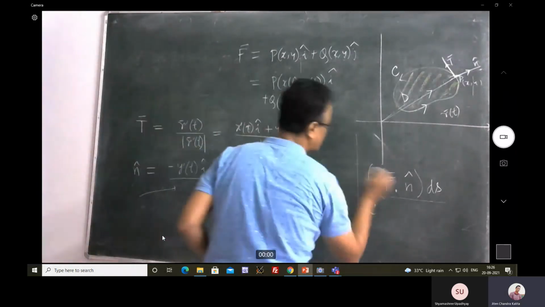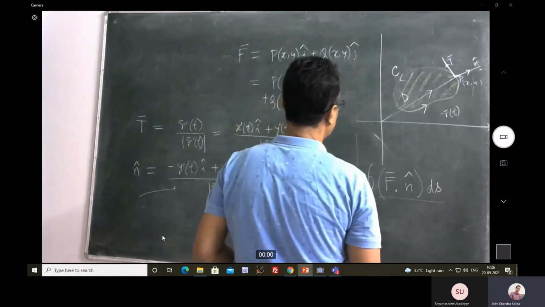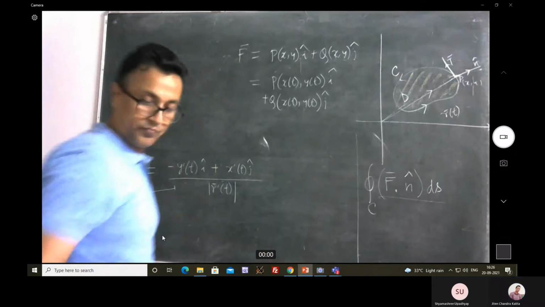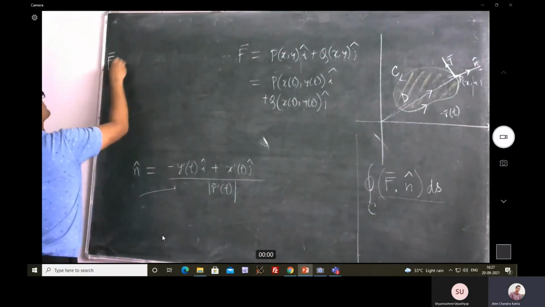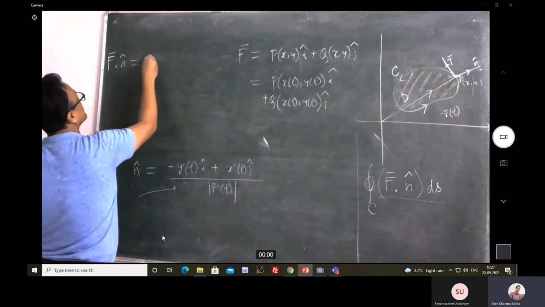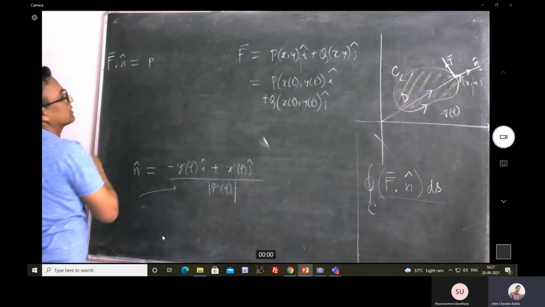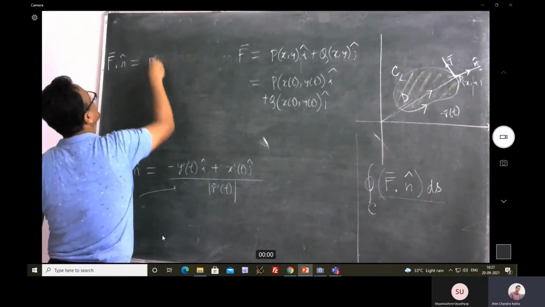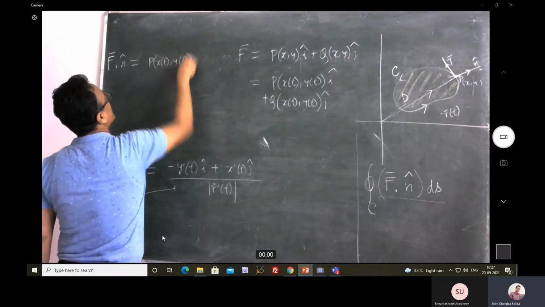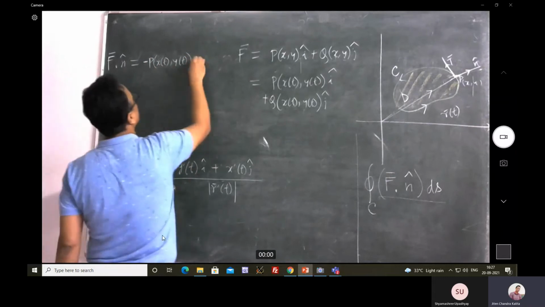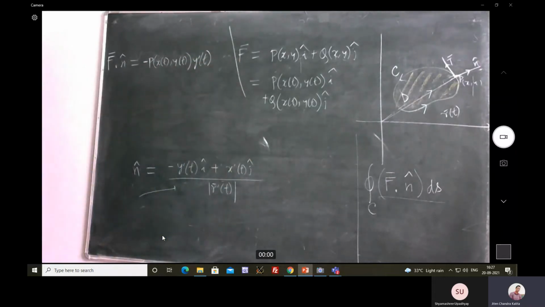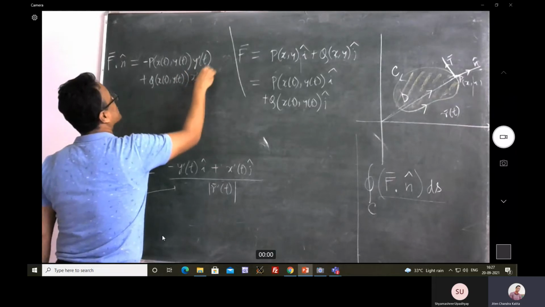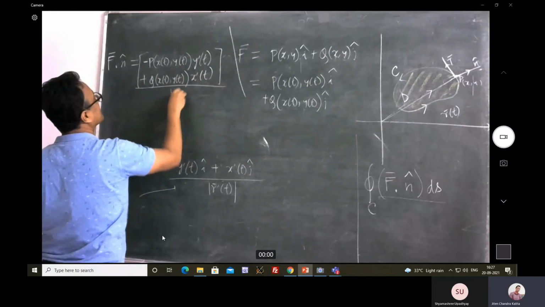Okay. So now let me consider this integral. If I consider this integral, then you will see that f dot n is simply going to be p of x(t), y(t) times minus y prime t plus q of x(t), y(t) times x prime t, divided by the magnitude of r prime t.